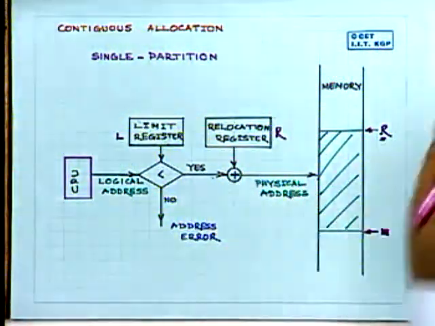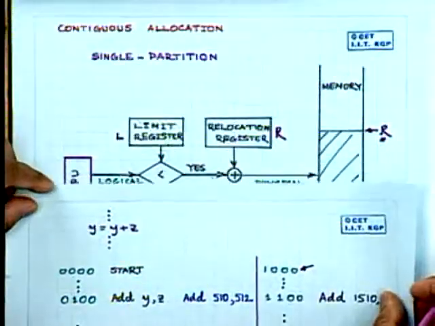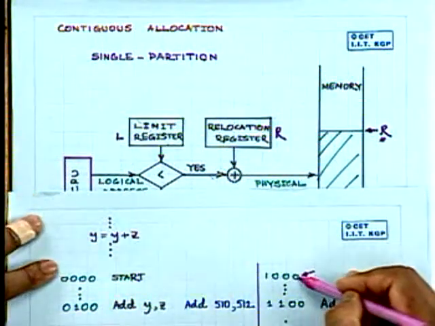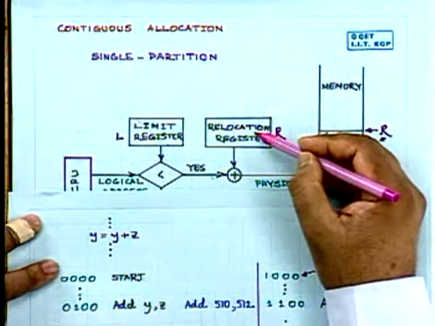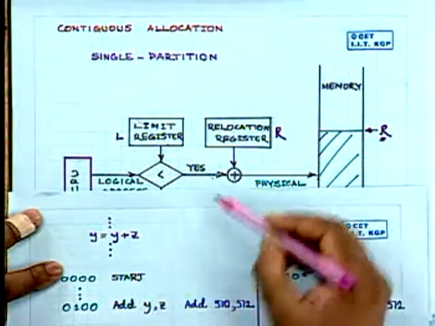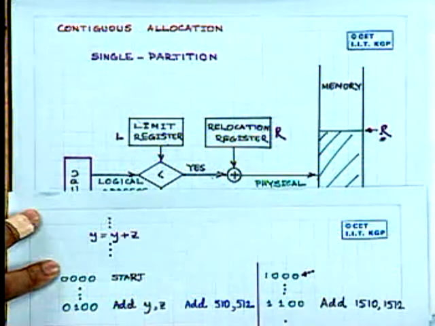You see here, if I keep 1000 as the relocation register value over here, and I generate the address by adding the logical address to this relocation register value, I will be generating the physical address, the actual addresses of the variables y and z.